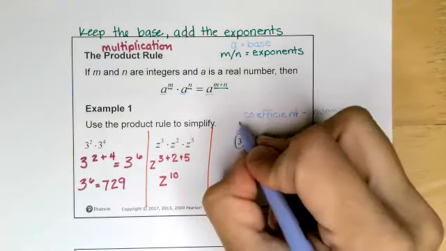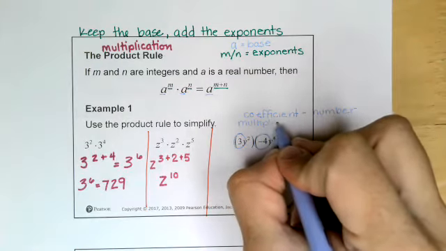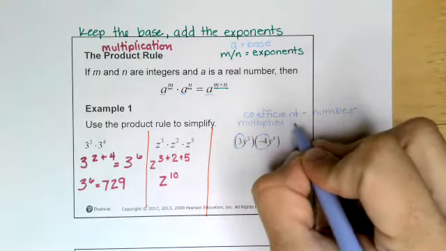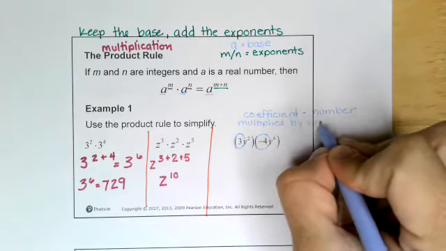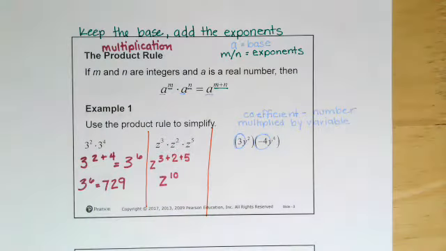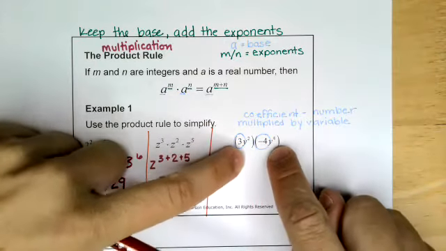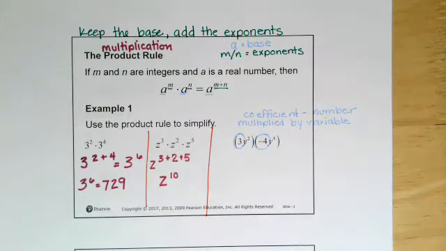The number multiplied by a variable. Or you could say the number in front of the variable, okay? The coefficients get multiplied together and then the variables get multiplied together. So we're putting like terms together.